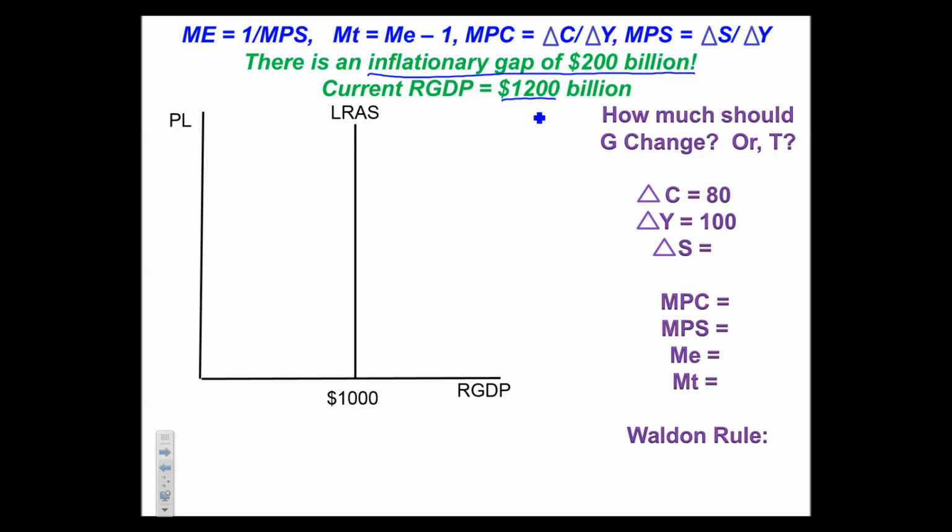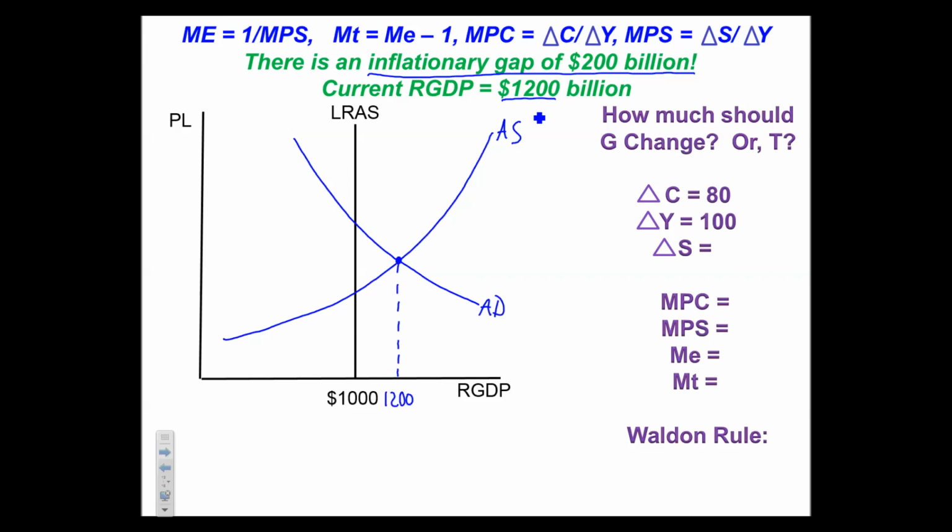So let's draw an inflationary economy real quick. We have AS. If it's inflationary, that means our equilibrium is somewhere to the right of the long-run aggregate supply curve. So our aggregate demand must cross right there, and this level of GDP is 1,200.